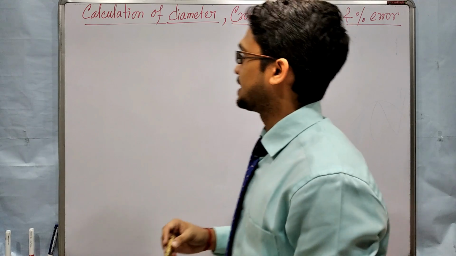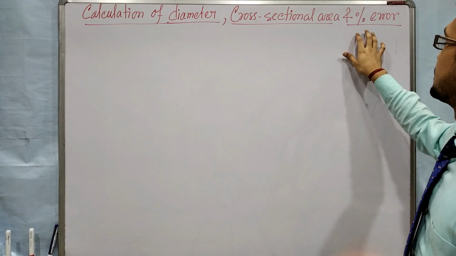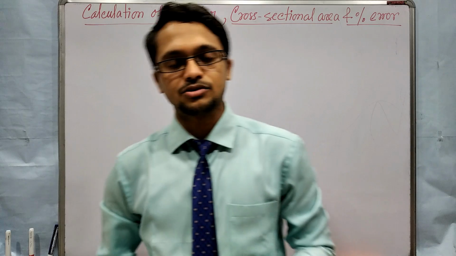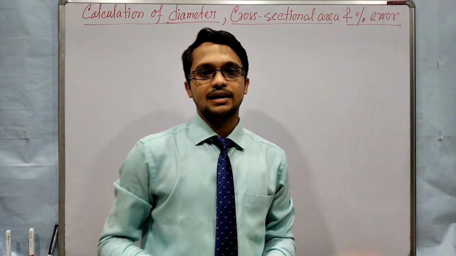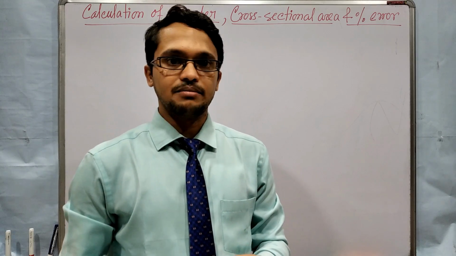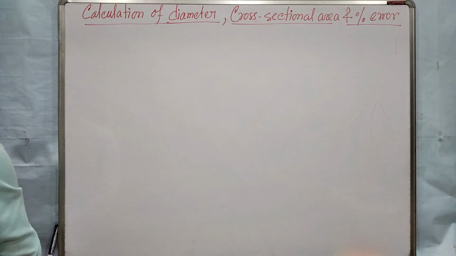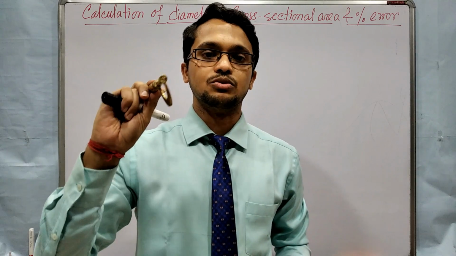After that I will calculate the cross sectional area, then I will calculate the percentage error. I have already discussed the theory part, and I have already shown you how to do the practical in virtual lab session. Okay, so our first work is to calculate the pitch of this screw gauge.